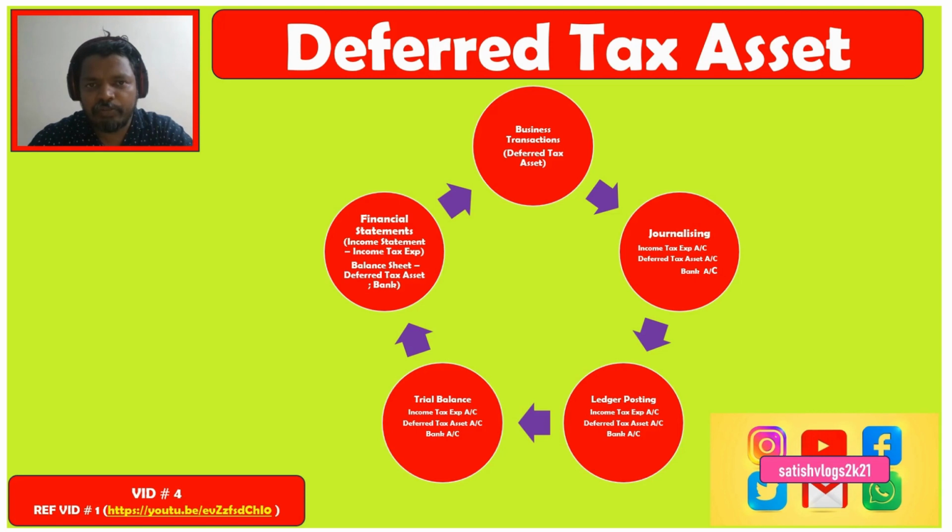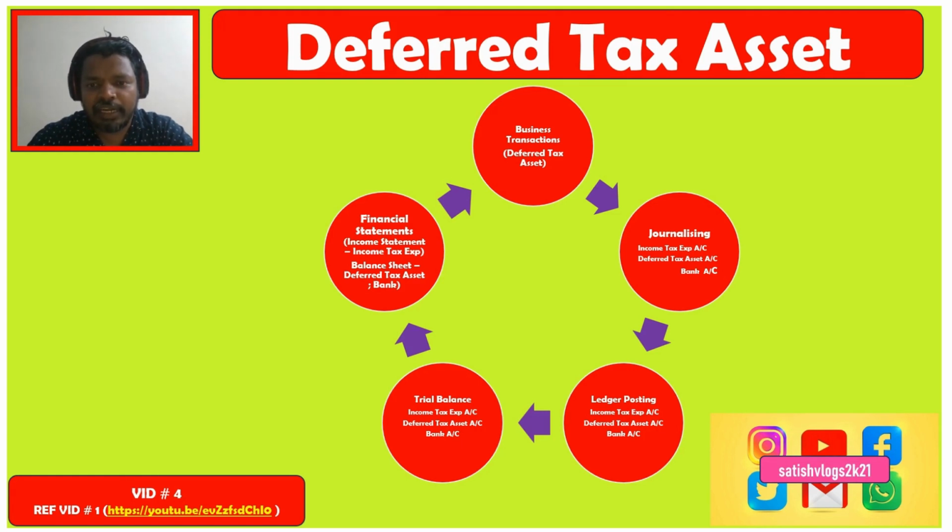Now I need to bifurcate the total tax amount between the tax expense and the deferred tax asset. How does that need to be done? As I had already mentioned in my first phase, the tax which has been computed on the provision amount of $100,000 needs to be considered as a deferred tax asset, right?